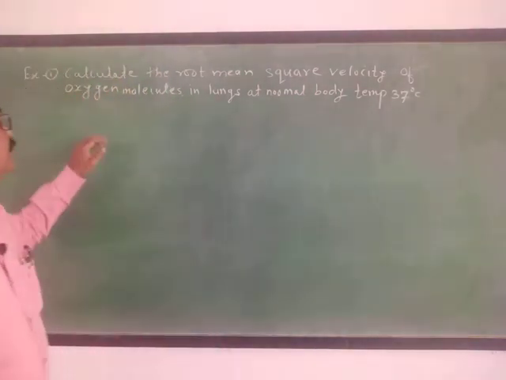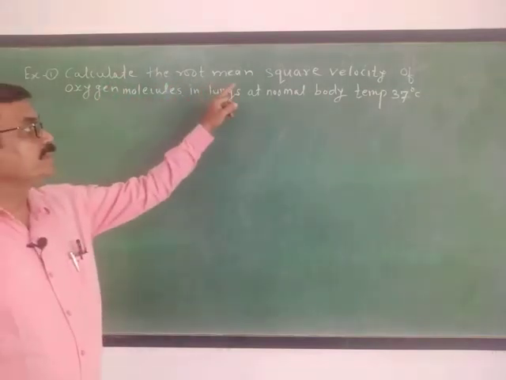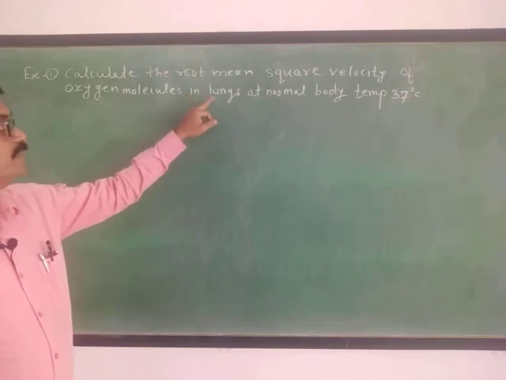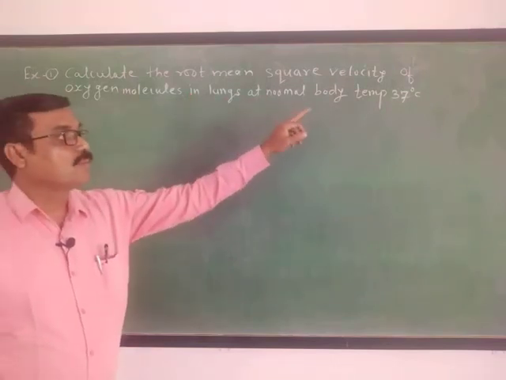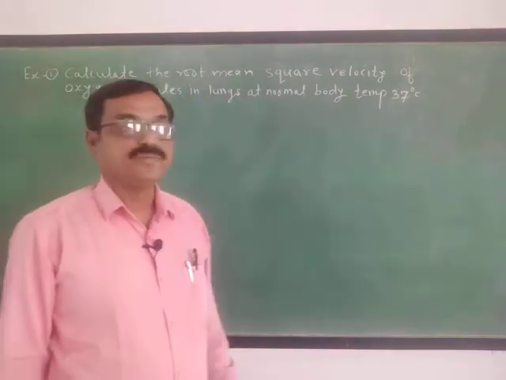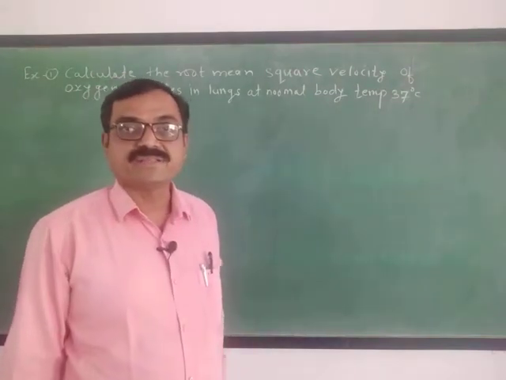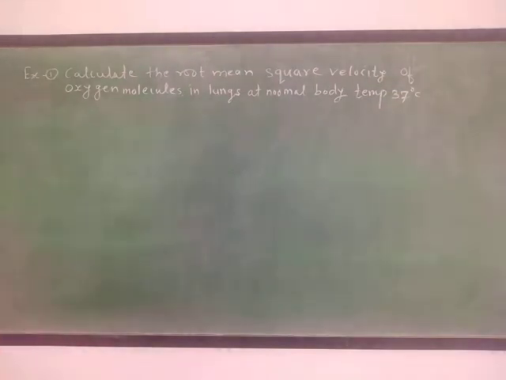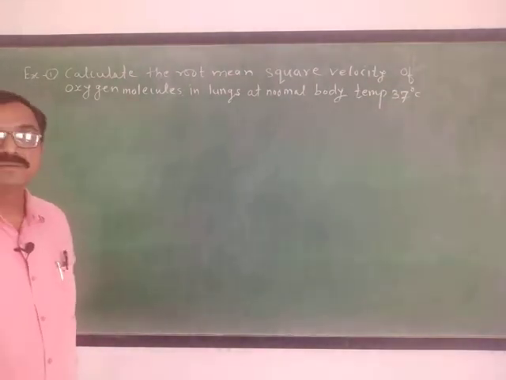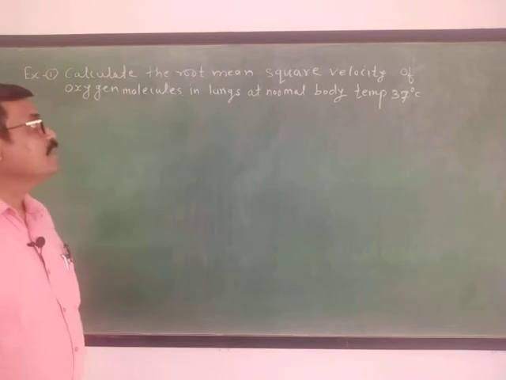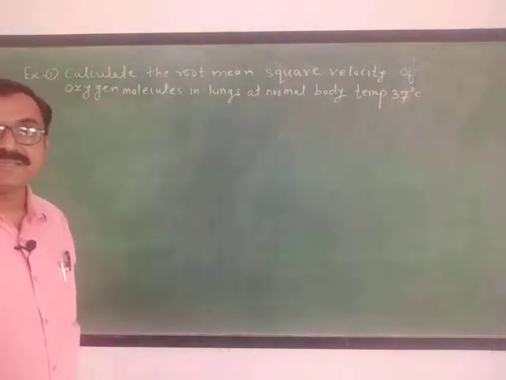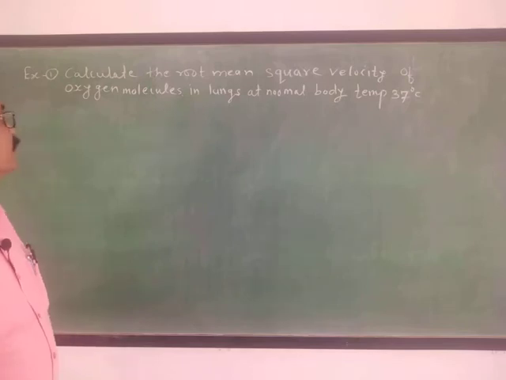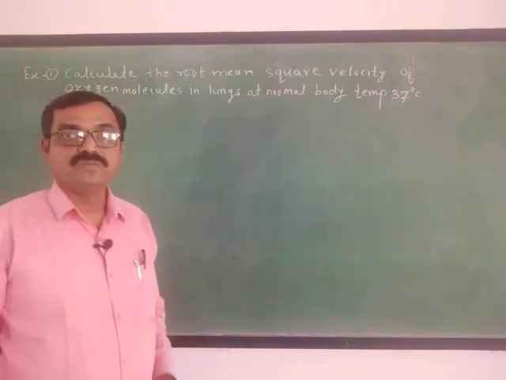Example one: calculate the root mean square velocity of oxygen molecules in the lungs at a normal body temperature of 37 degrees Celsius. From this problem it is clear that we have to calculate the RMS velocity, that is the root mean square velocity U, of the oxygen molecule.